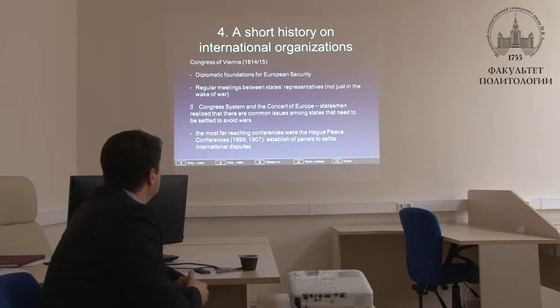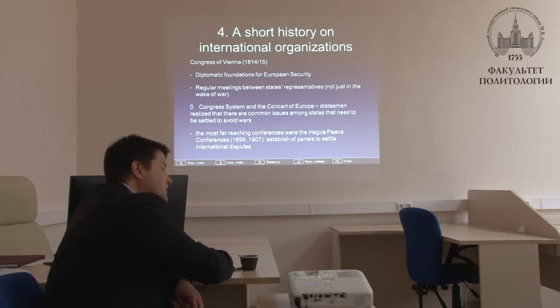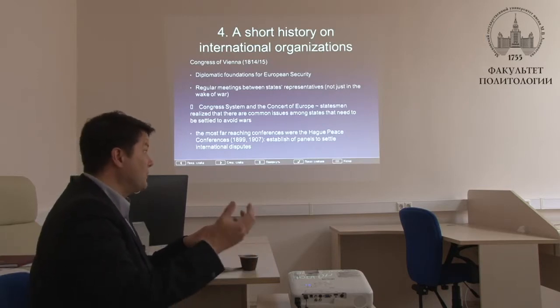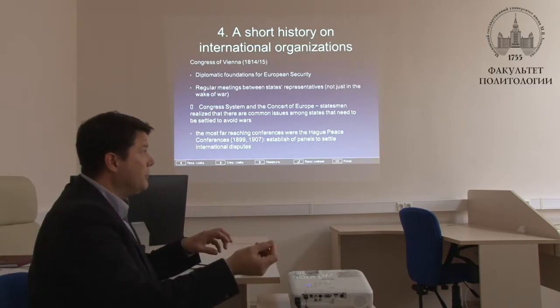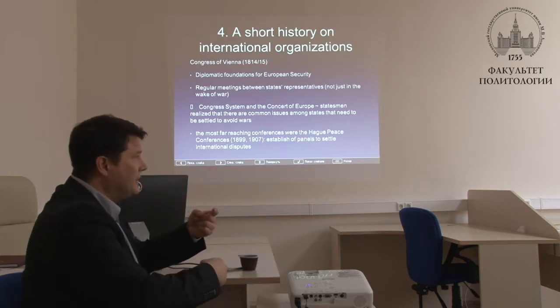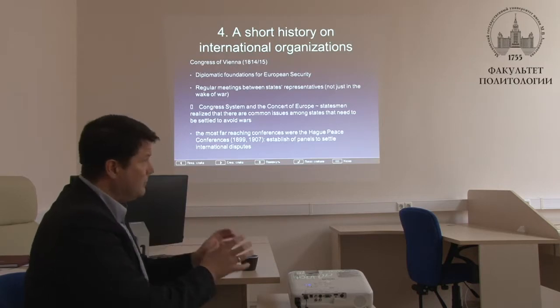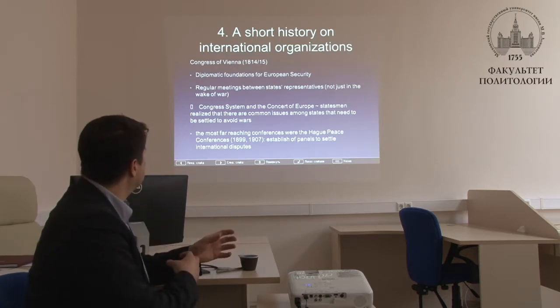The Congress system and the Council of Europe, established by the Congress of Vienna, meant that statesmen realized that there are common issues among states that need to be settled to avoid wars. So the idea changed from just dealing with conflicts and dealing with wars and having then diplomatic relations to prevent wars, prevent conflicts by exchanging on a diplomatic level right beforehand.